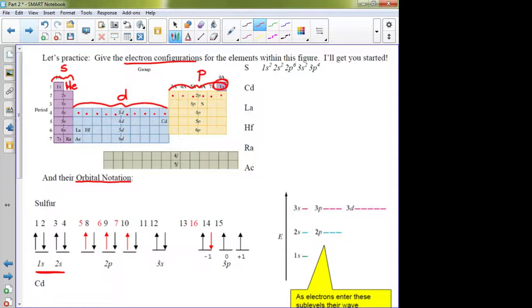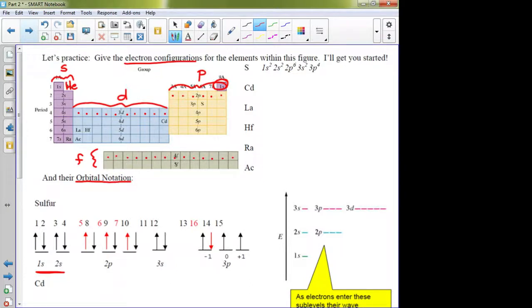And then those that they pull out at the bottom are your F columns, because how many can fit in an F orbital? 14.